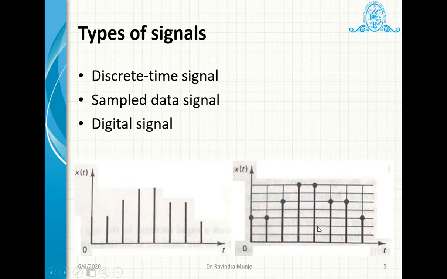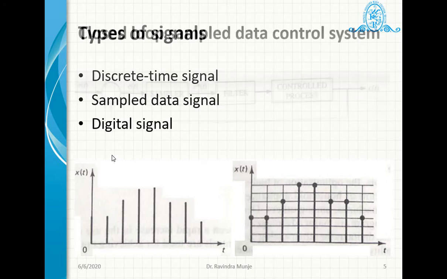This signal is given to an analog to digital converter. It will convert this signal into digital coded words, like 001 if it is 3-bit, then 010, 011, then 100, likewise, right? So that is a digital control system.